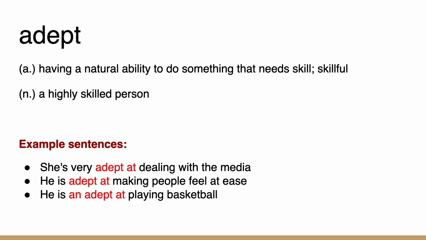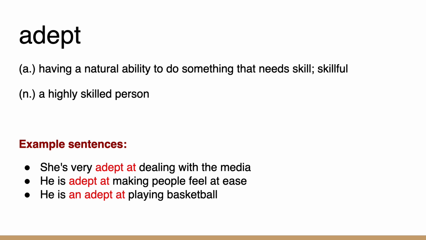And adept as a noun means a highly skilled person, or pretty much means expert. So maybe next time you want to say someone is an expert at doing something, you can use adept instead. You can say he is an adept at doing something.